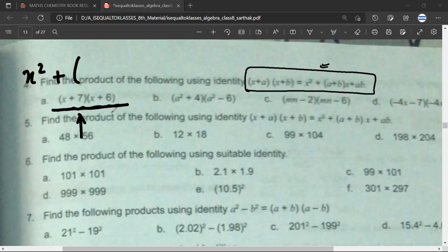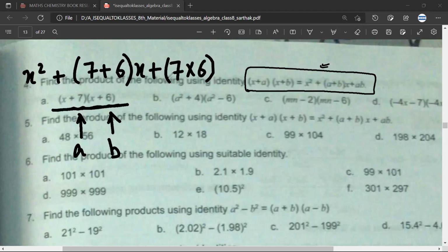This is my a, this is my b. So this will be equal to 7 plus 6 x plus ab. So ab would be equal to 7 multiplied by 6. So this would be equal to x square plus 13x plus 42.